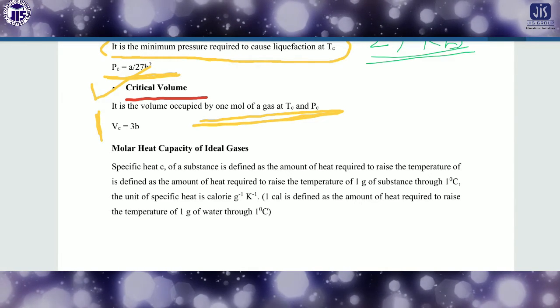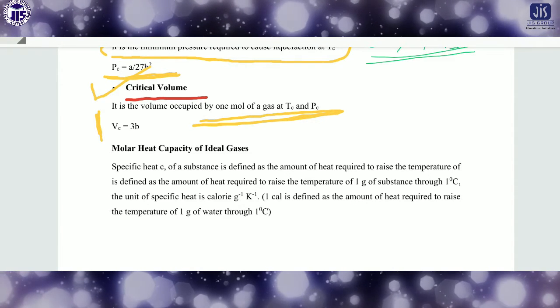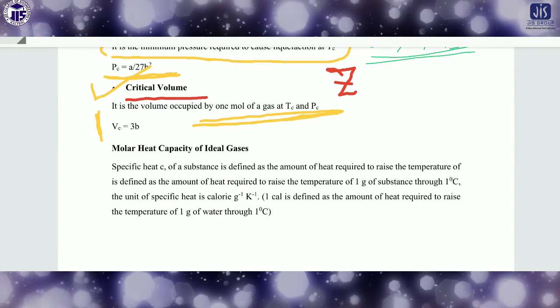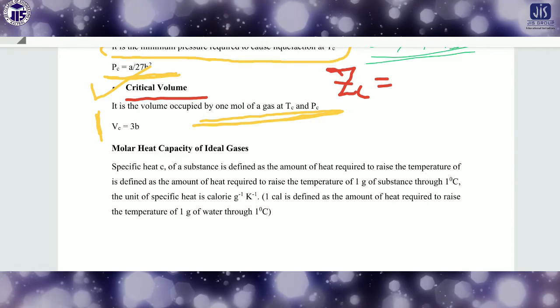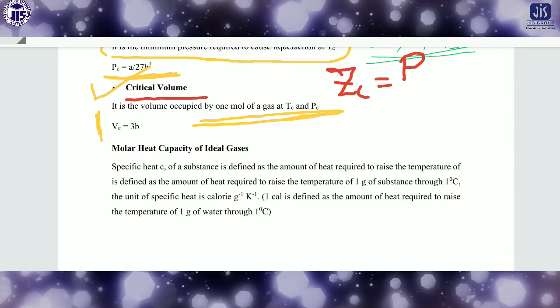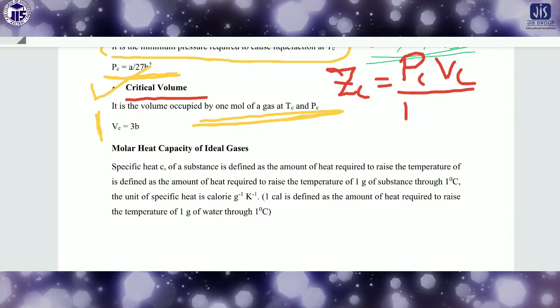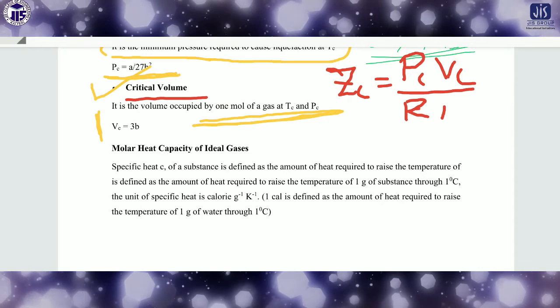And if we try to find the value of Z, that is the compressibility factor, then ZC equals PC VC divided by R TC.